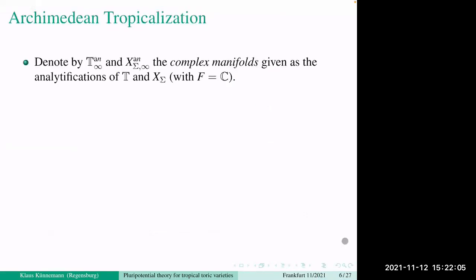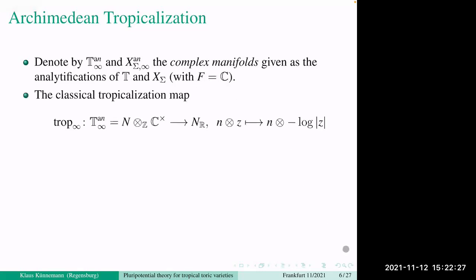So why do we consider them? They are related to tropicalization. Now let's look at the complex picture. You have the tropical variety, and you have the torus and the toric variety. Now you can look at the associated complex manifolds, which you get by analytification. Here your field is the complex numbers.